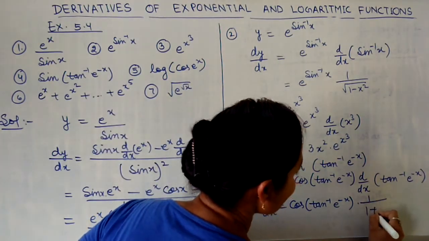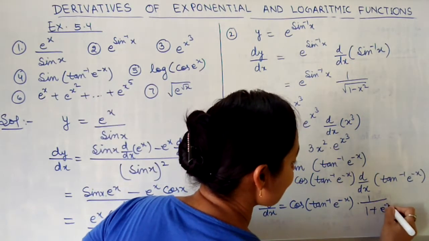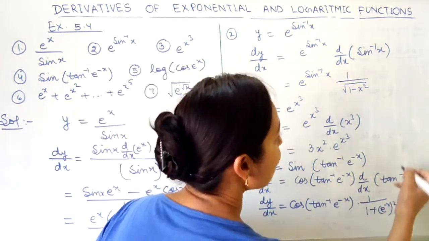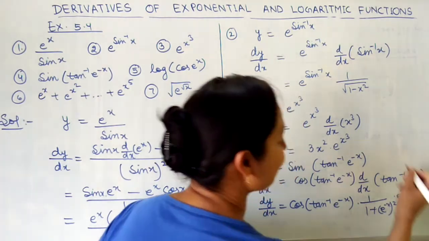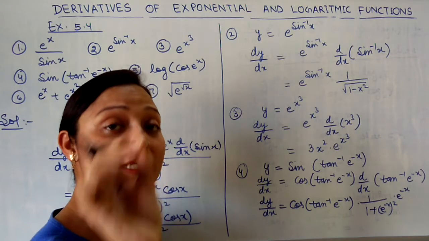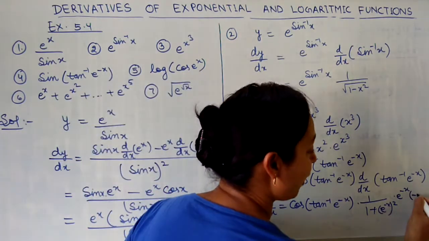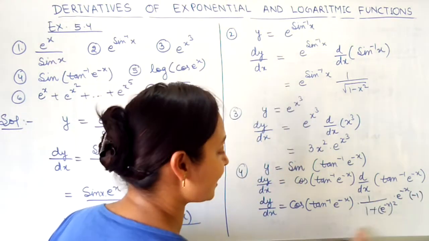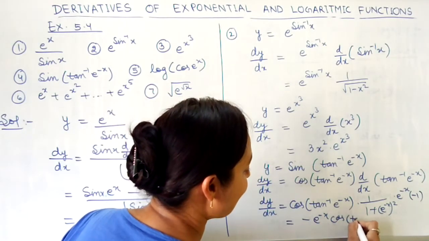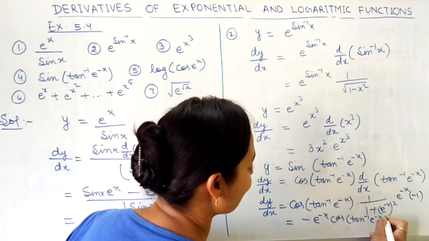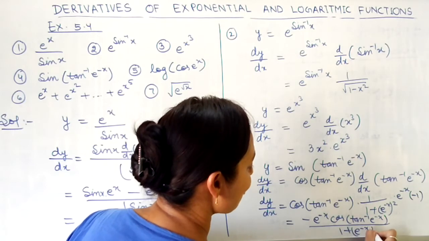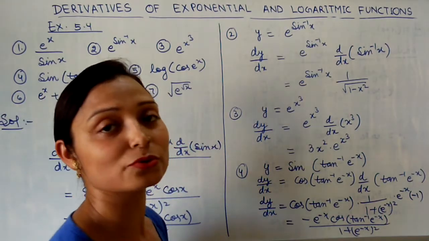This is 1 upon 1 plus exponential of negative x whole square, and further the derivative of exponential of negative x, which is exponential of negative x, and further you have to differentiate negative x, that is minus 1. So you have to take this negative sign here. We have minus cos tan inverse exponential of minus x divided by 1 plus exponential of negative x whole square. So this is the way to solve this question.